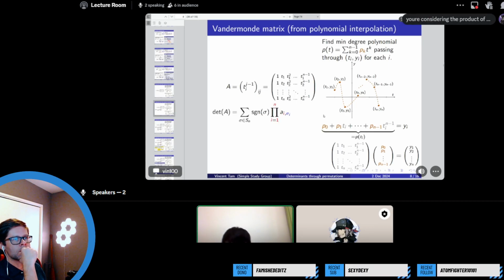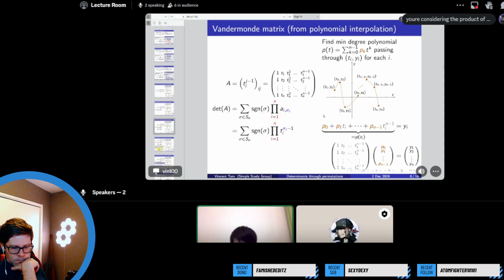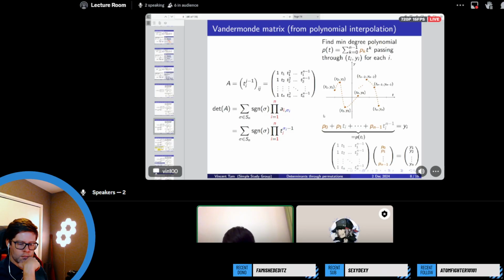So to calculate its determinant, again, we recall the definition. That's a classic move. Here is still recalling the definition, because each element in the Vandermonde matrix is defined by Ti to the power j minus 1.